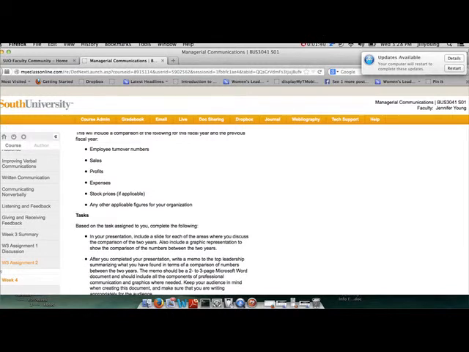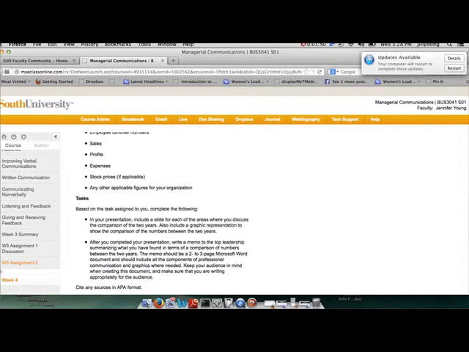So basically you want to include a slide for each of the areas where you discuss the comparison of the 2 years. I want to see a graph here. I want to see a comparison graph. You can make graphs in Microsoft PowerPoint or Excel and then insert them into the PowerPoint. Either way is fine, as long as it's in the PowerPoint in the end.